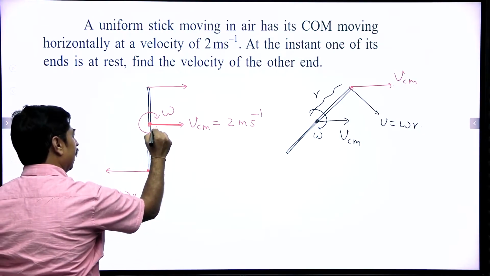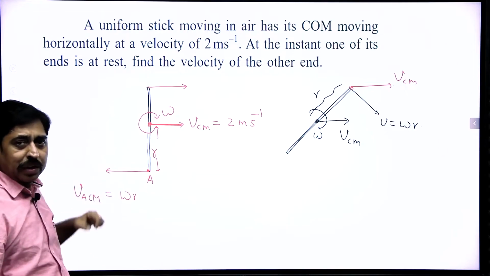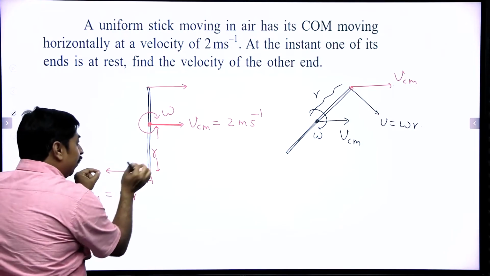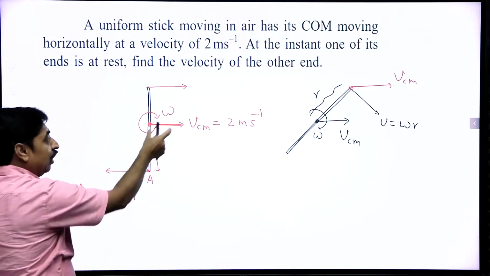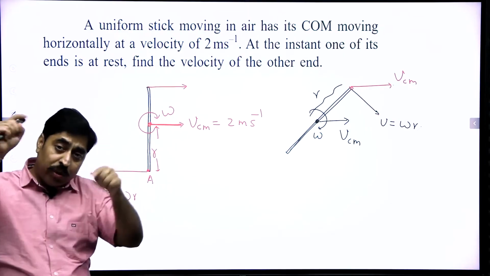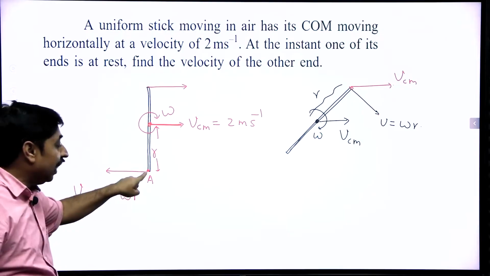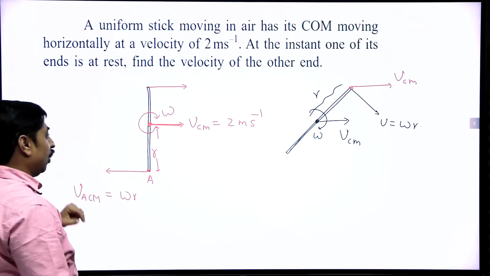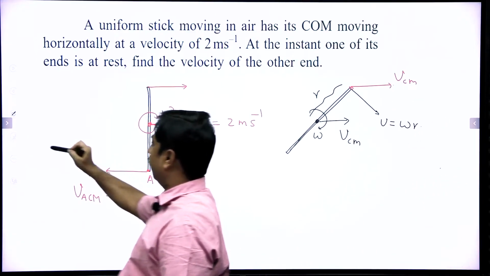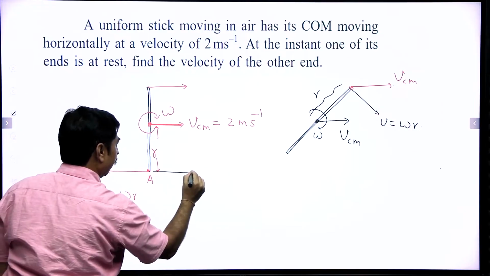Let me call this length R. With respect to the center of mass, the velocity of point A is this much. To that velocity you have to add the velocity of the center of mass to get the actual velocity of point A.